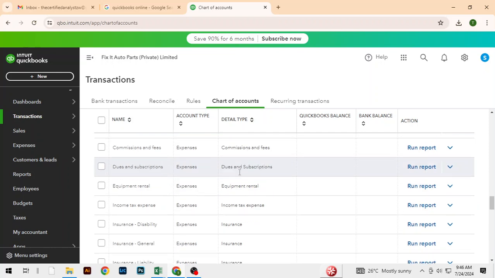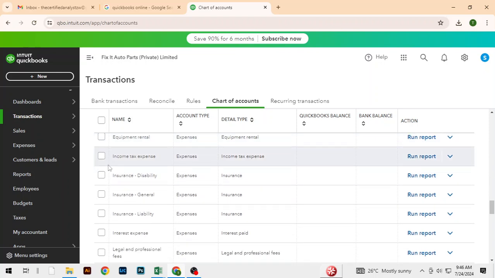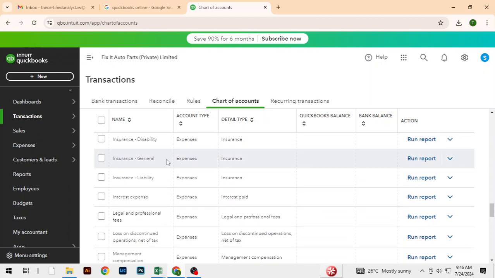Then dues and subscriptions. You have got Wi-Fi subscriptions and all that. You can use this to account for that. Equipment rental, if you're renting some stuff to perform in your business, then obviously you have to use this account. And income tax expense, obviously you use this account to account for the income tax that you pay.